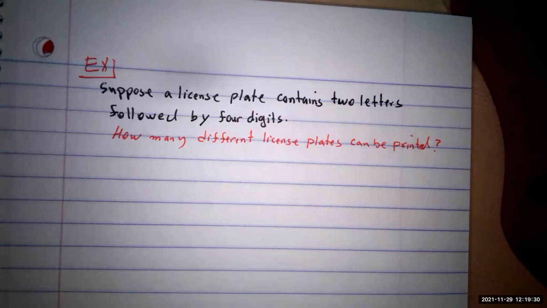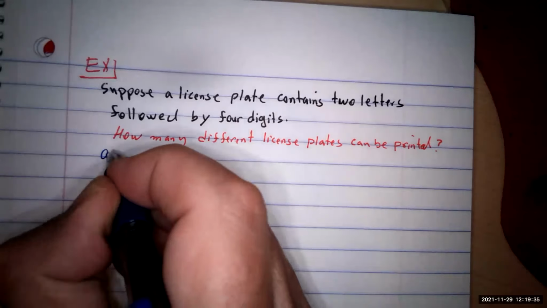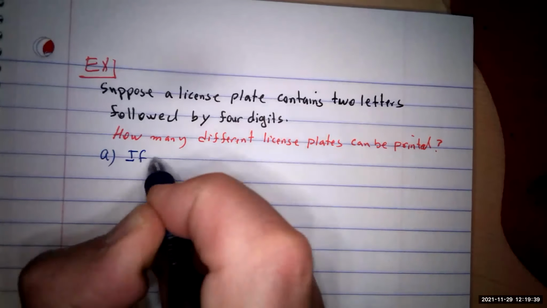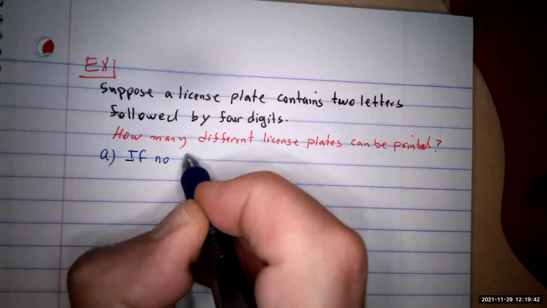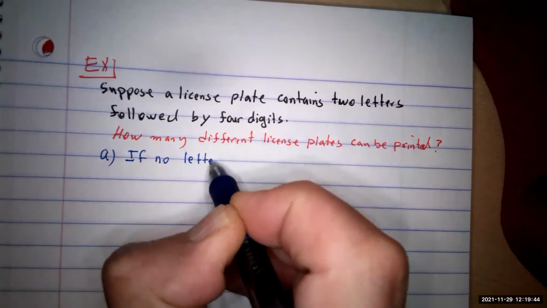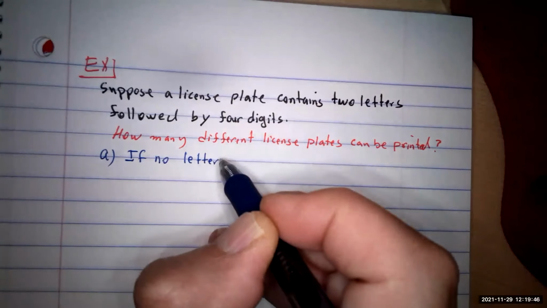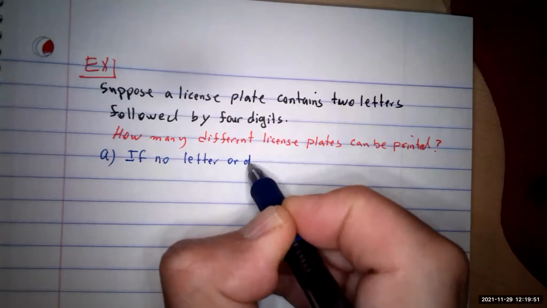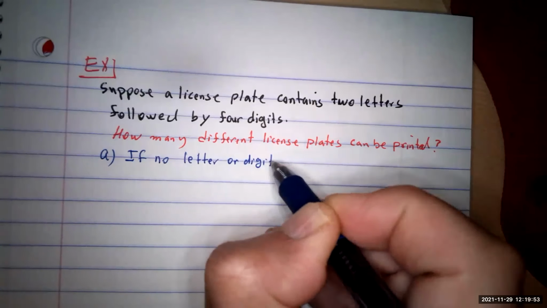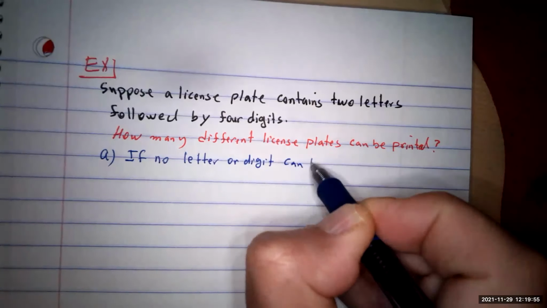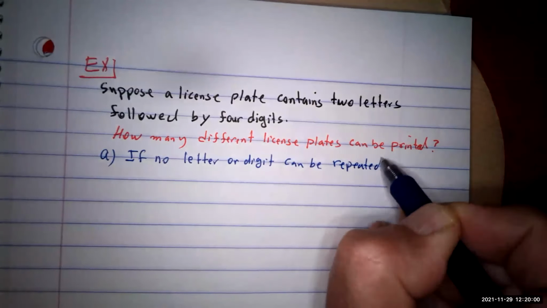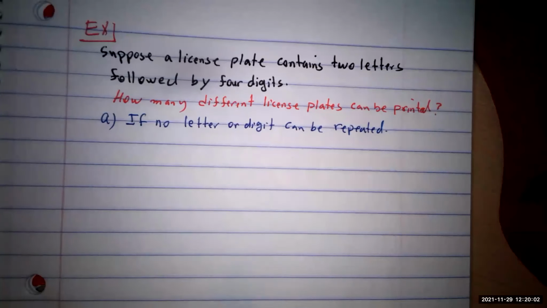I'm going to give you 2 restrictions. The first restriction is part A: if no letter or digit can be repeated. This is one case.